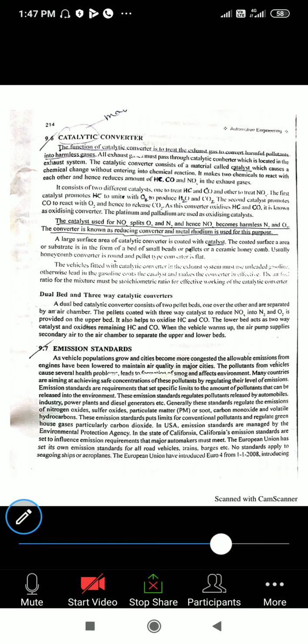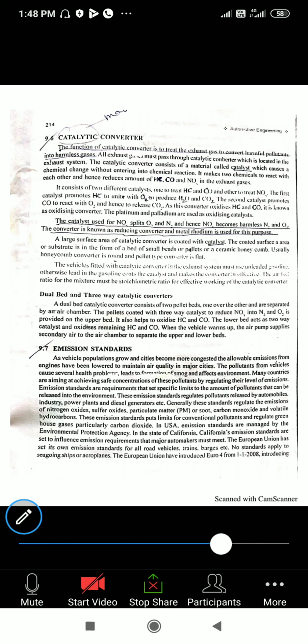It makes two chemicals react with each other and hence reduces the amount of hydrocarbons, carbon monoxide and nitrogen oxide in the exhaust gas. So this is one type of converter which reacts and reduces the chemicals in the hazardous gases coming out after combustion.